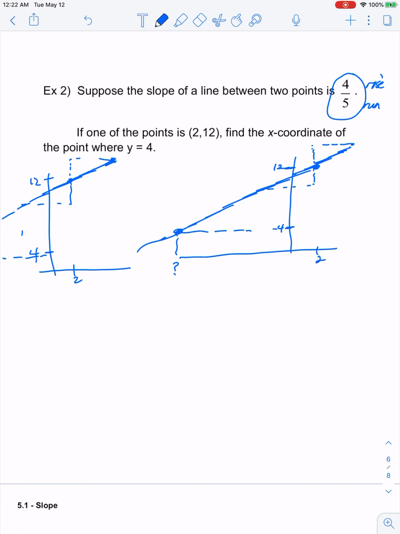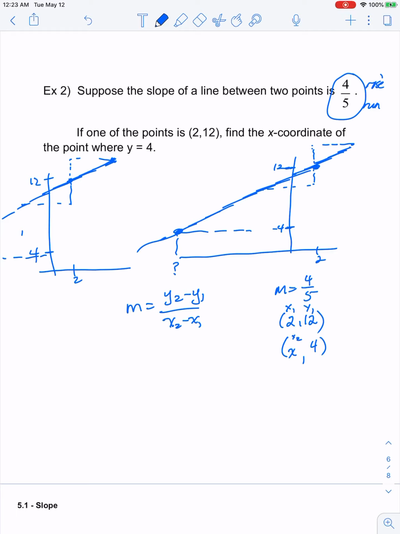Okay, so we're going to use the formula to do that. So slope equals y2 minus y1 over x2 minus x1. We know that the slope equals 4/5. The question told us that. We know that one of the points is 2, 12. I'm going to call that one x1, y1. We also know that the other point has a y-coordinate of 4, and I don't know what the x-coordinate is, so I'm just going to call it x.